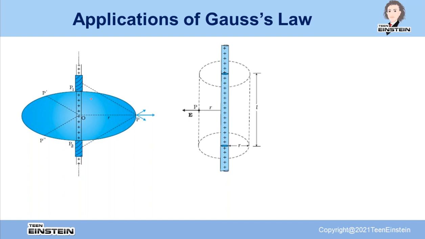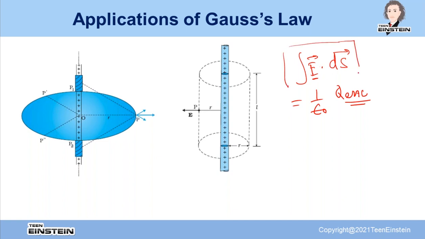So applying Gauss's law, it is the integral of E dot ds on the left-hand side, and the right-hand side is 1 by epsilon naught into the charge enclosed. So what we have to do is calculate the electric field, and for that we have to find out the flux. This is called total flux.